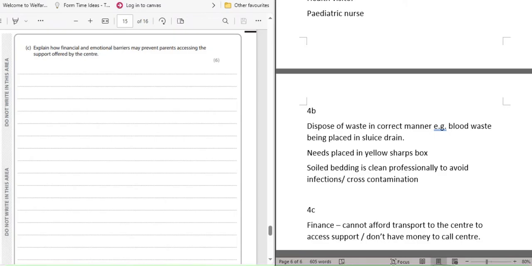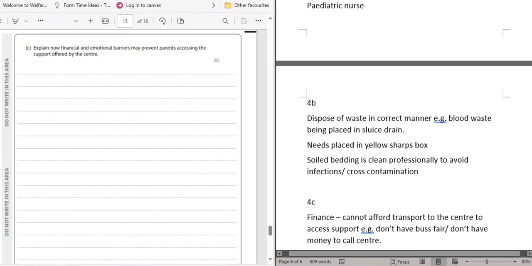So again, the idea of financial barriers, that they don't have the money, they can't physically get there. E.g., I'm going to put e.g. don't have bus fare. Don't have money to call the centre.